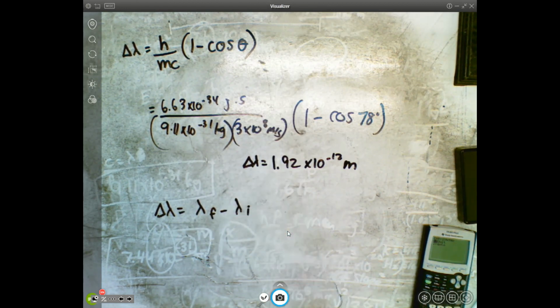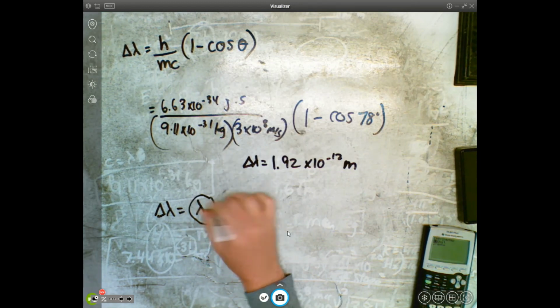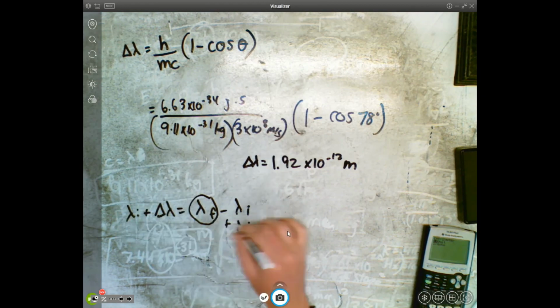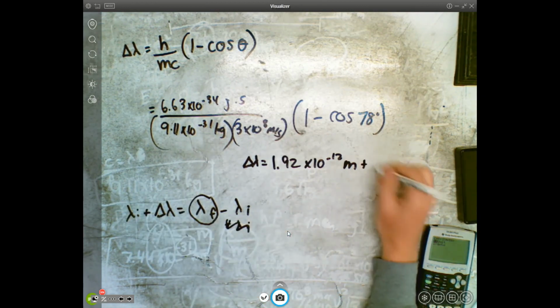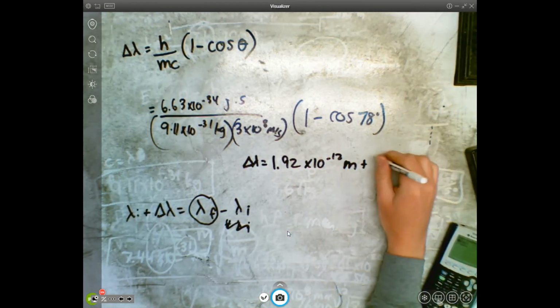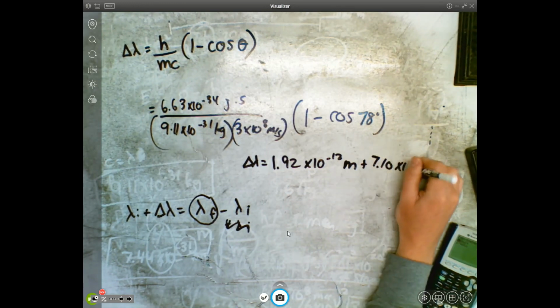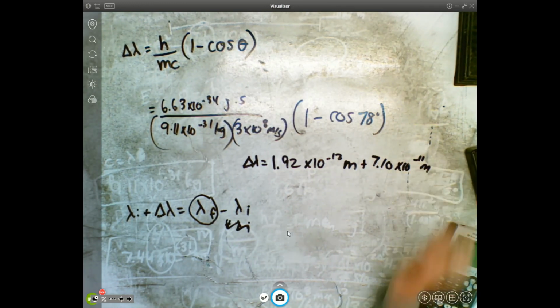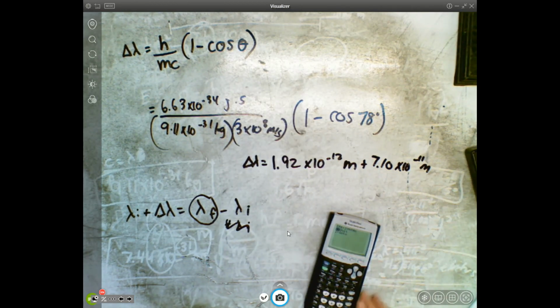So we want to find this final wavelength, which means I have to add on my initial wavelength, the 7.10 times 10 to the negative 11 meters. Remember that the second one should always be longer.